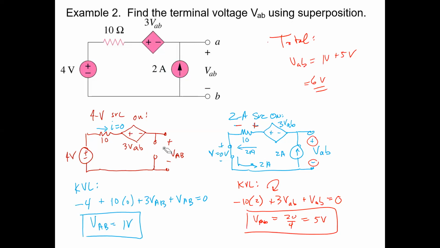But if the terminals weren't there, would we not be able to? Well, whether the terminals are there or not, VAB is sort of implied to be the voltage drop across that current source. Do you agree? Yeah. But calling them the terminals A and B makes it clear what VAB is.